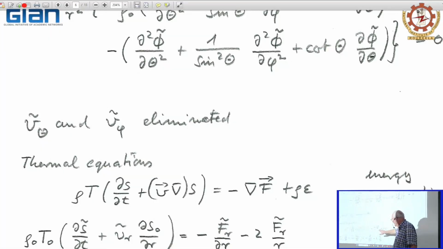Acting on the entropy S is given by the energy generation term minus the divergence of the flux, which describes the energy deposition.